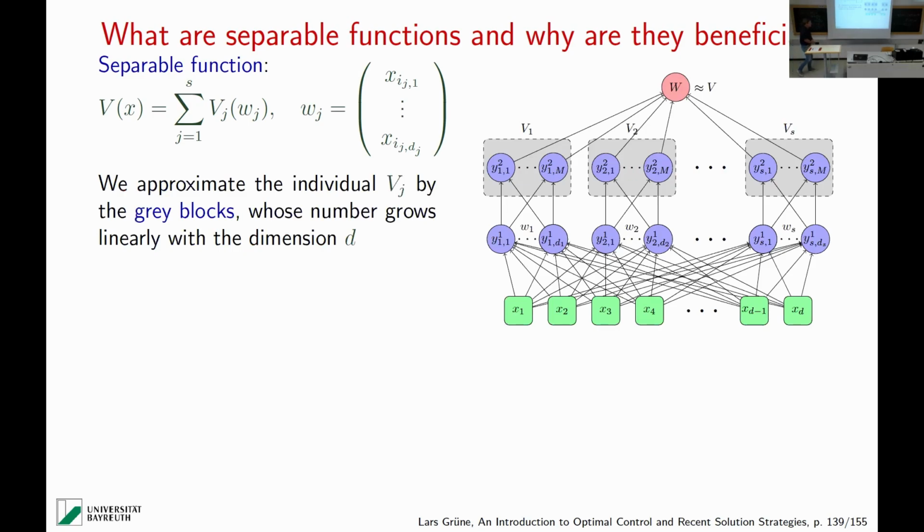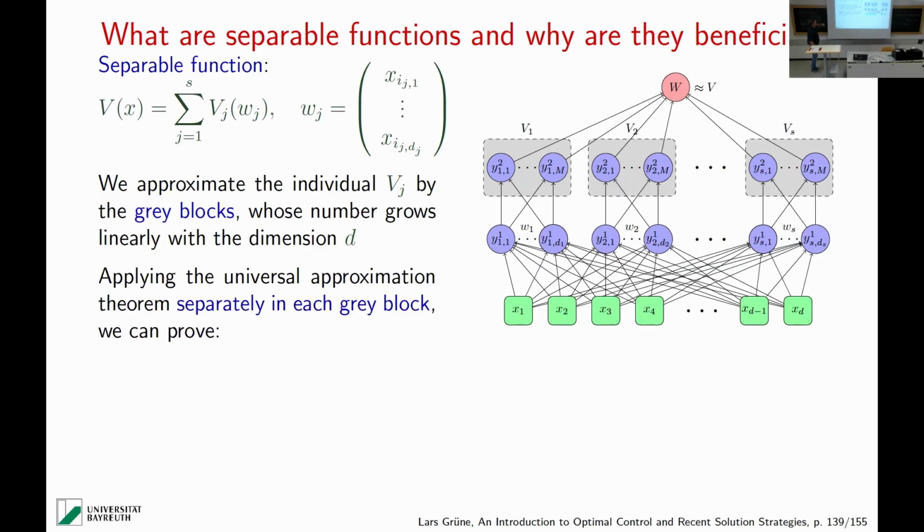What we can then do is build a neural network that approximates the individual Vj by this boxing. And if the number of these blocks grows only linearly with the dimension, and if we assume that the dimension of the subvectors is constant compared to the overall dimension, then we can apply the universal approximation theorem separately in each gray block.